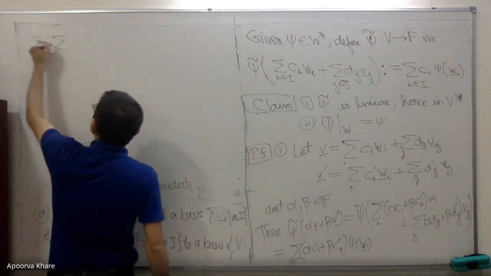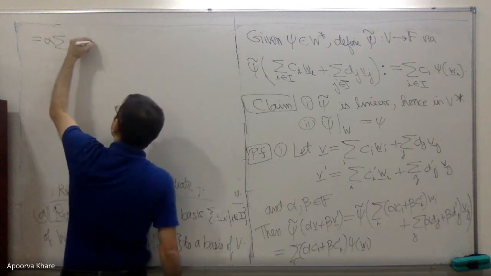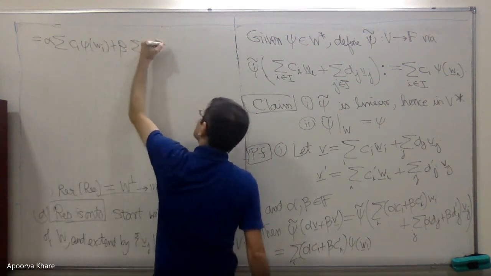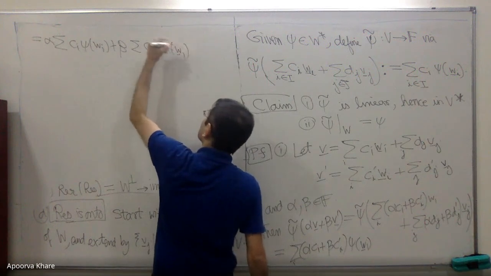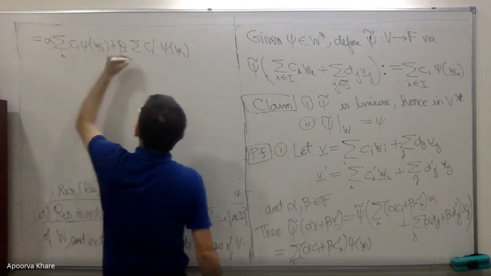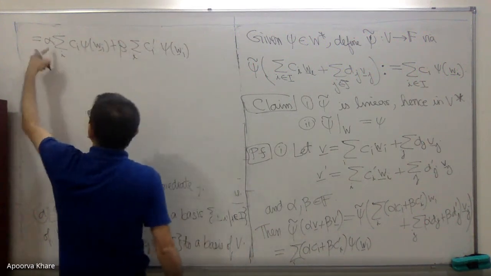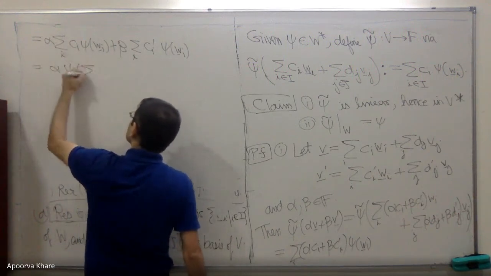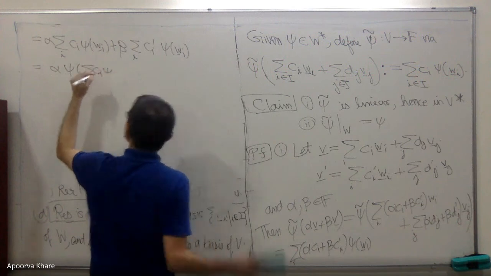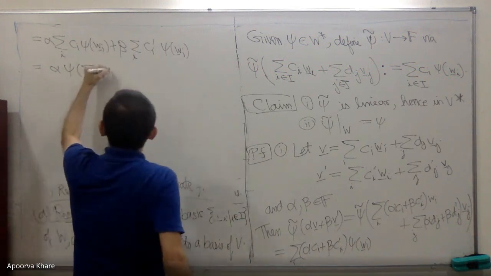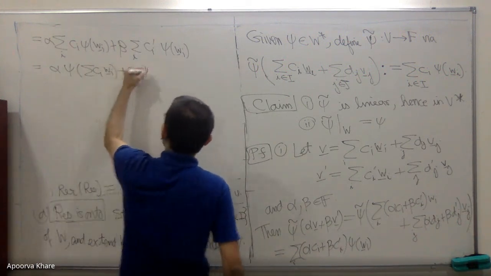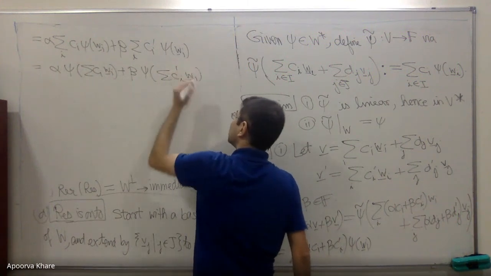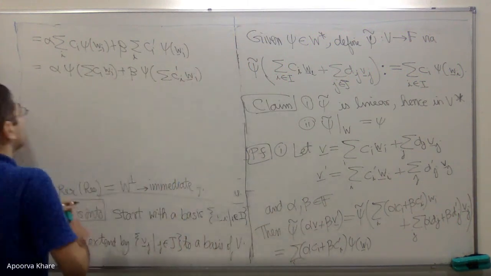This is alpha summation c_i psi w_i plus beta summation c prime i psi w_i. And now, psi is linear, so I can say this is alpha psi of summation c_i w_i plus beta psi of summation c prime i w_i.